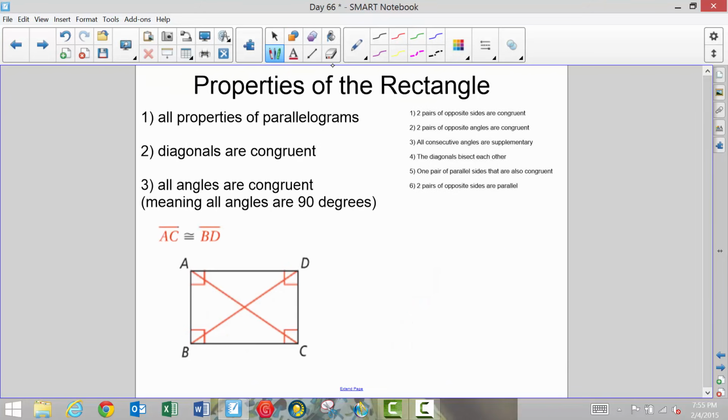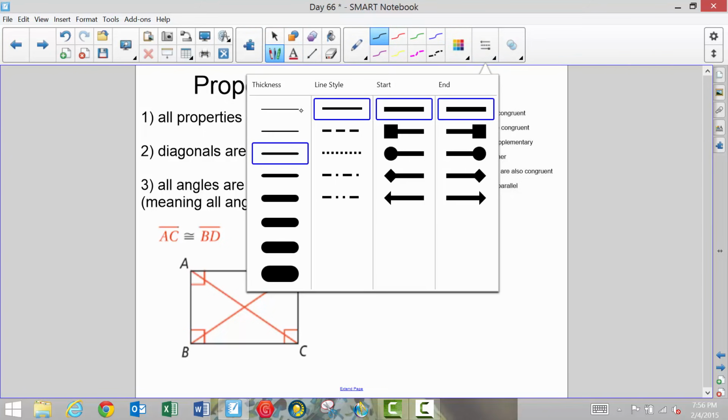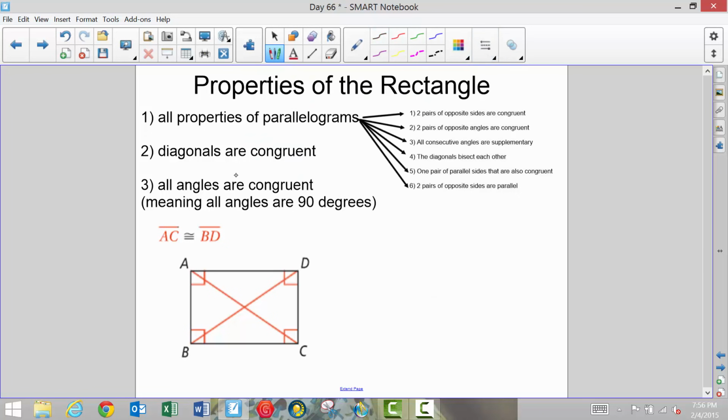Then you have the properties of a rectangle. So, properties of a rectangle, first property, you have all your properties of a parallelogram. So you have to have these 6 rules memorized. Second property of a rectangle, diagonals are congruent.